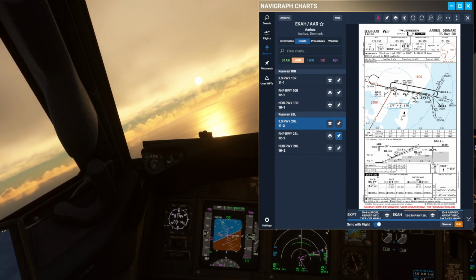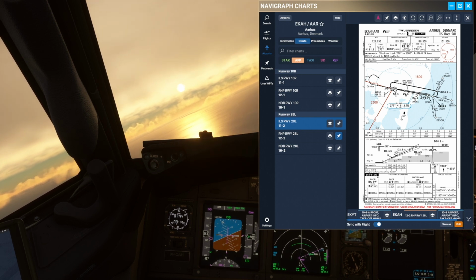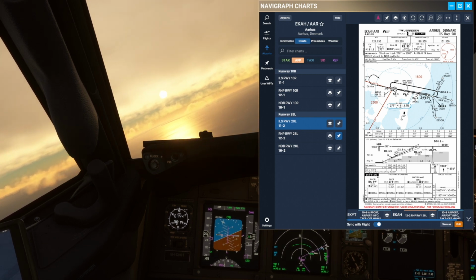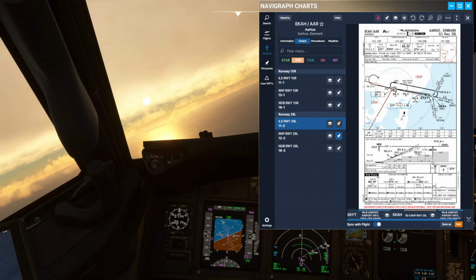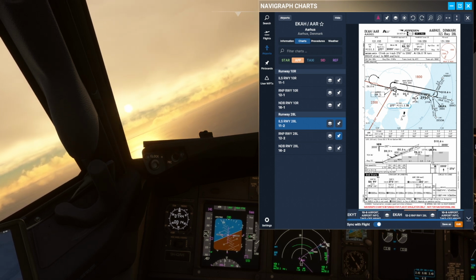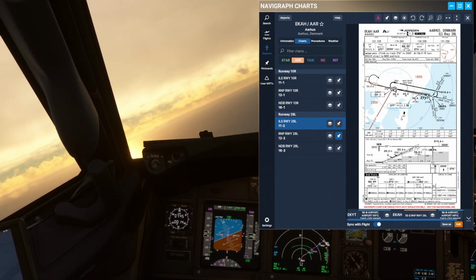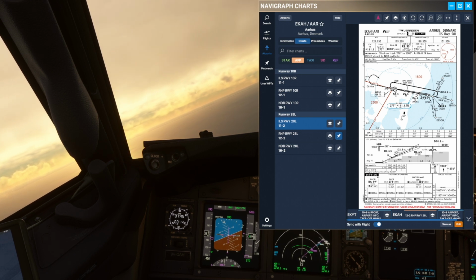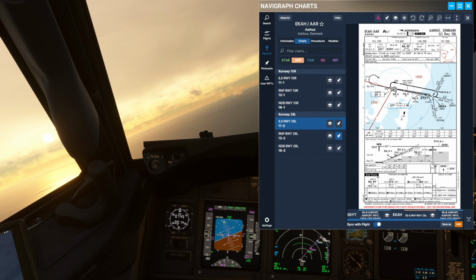A few years back, the only precision approaches we had were ILSs: Cat 1, Cat 2, Cat 3. Those are precision approaches. Now, a non-precision approach is defined as an approach that does not necessarily use a ground aid, or does use a ground aid but only gives you lateral guidance.